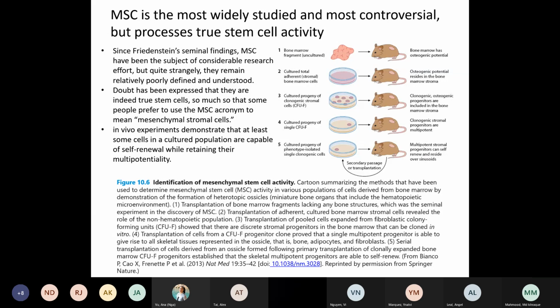So I would say this is the most widely studied. It is also explored by commercial companies. They try to put this into therapy use. So it is easily accessible and widely studied, and also perhaps the most used one in therapy attempts.